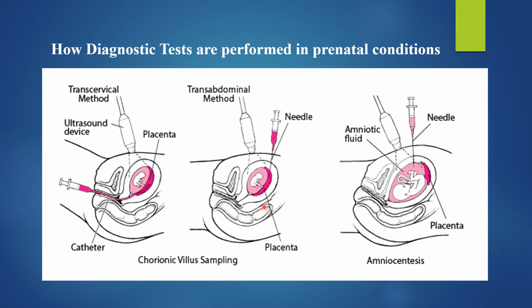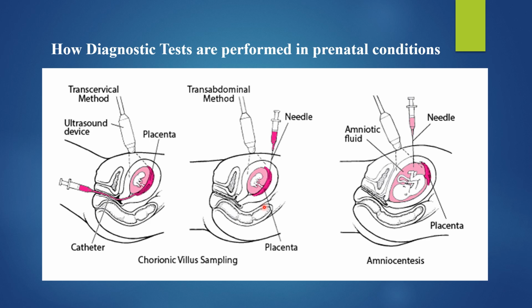Now, in the second instance of CVS, the sample is being taken trans-abdominal. So a hypodermic syringe with a needle has been used to pierce through the abdomen.